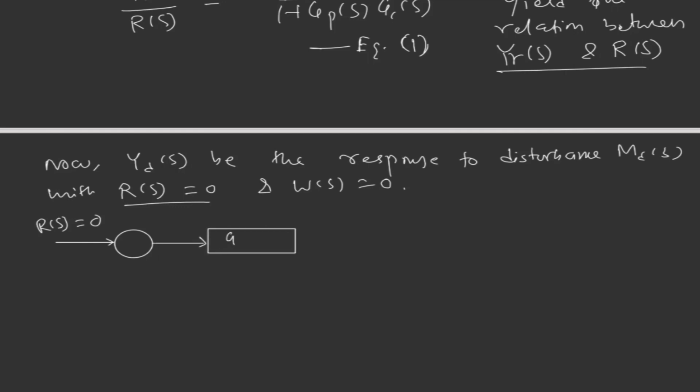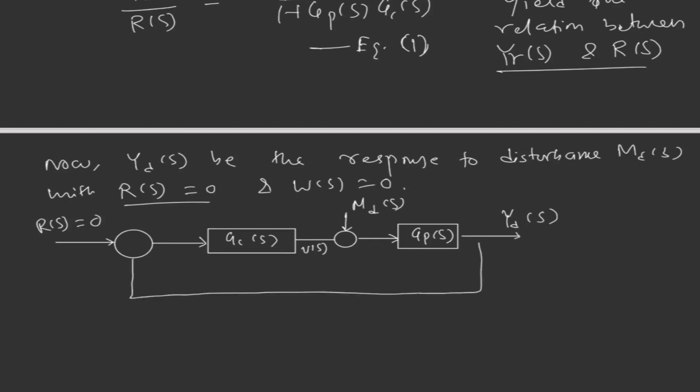This is G_C(s), and in this case we will assume the disturbance M_D(s), and this is U(s), and the sum output goes to the plant, which is G_P(s), and the output we are denoting here as Y_D(s).